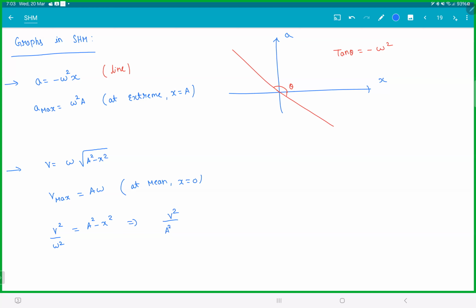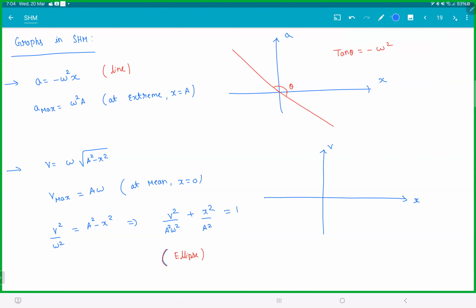This is v square by a square omega square plus x square by a square is equal to 1. What is this? This is an ellipse. So a Vx graph is an ellipse.